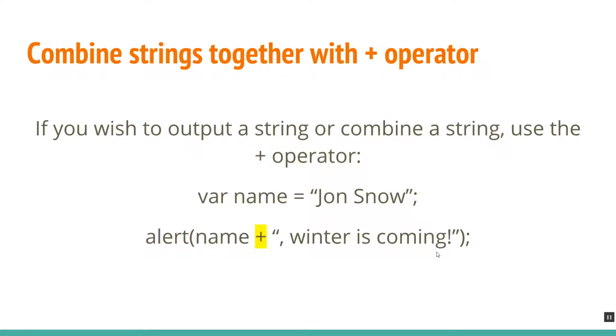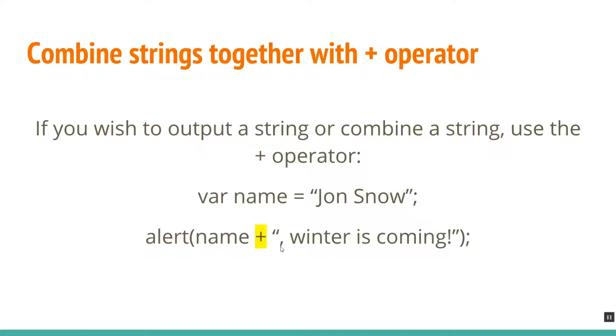Okay, if you want to output a variable with some additional text, you can use the plus operator to concatenate these two together. So in this example code, I have a variable called name with the value Jon Snow in it, and then in this statement I'm alerting that name, so Jon Snow, and then I'm doing a plus to combine it with the rest of this text.